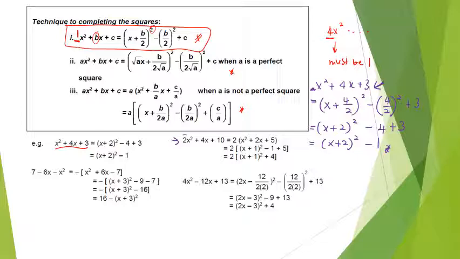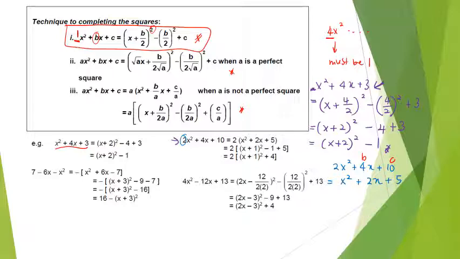So nampak kat sini ada 2. So 2x square plus 4x plus 10, equal to, so this is our b, this is our c. So kena bahagi dulu dengan 2. So bila bahagi semua dengan 2, kita akan dapat x square plus 2x plus 5.